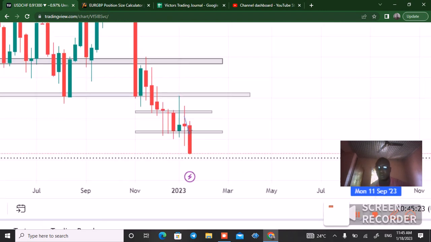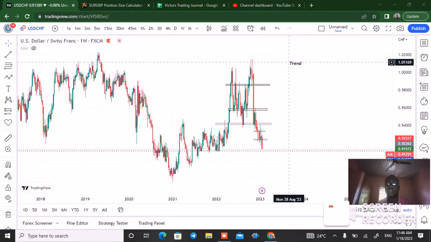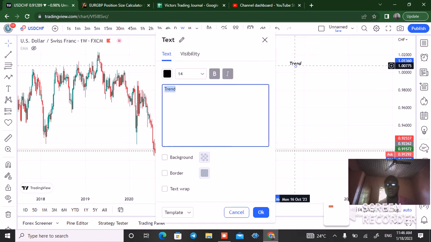Like I said, the second thing I look out for when I want to enter a trade is support and resistance zones. That is my areas of interest.